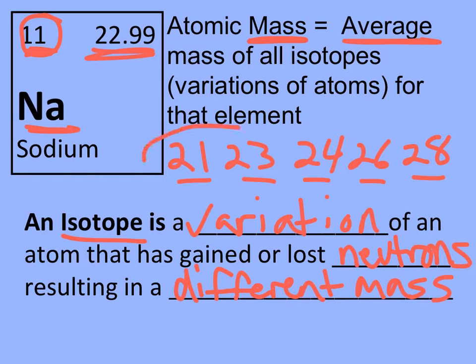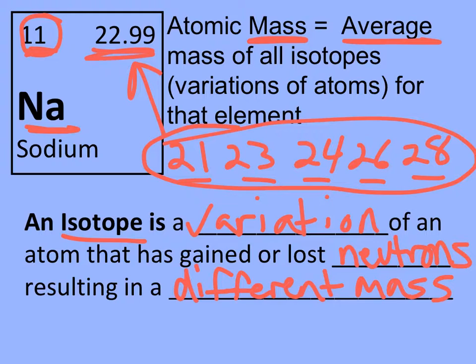So if I were to take the average of all of these, I would get the atomic mass. So these are just different varieties or different types of sodium.